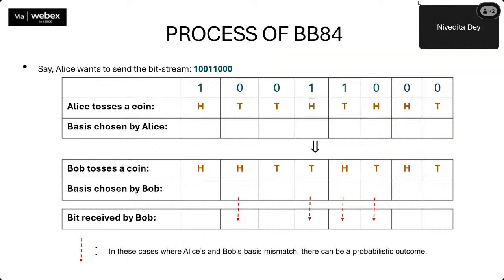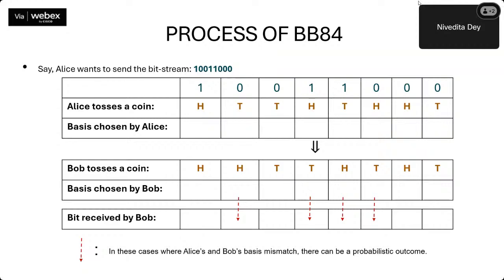Finally, Alice sends the encoded string to Bob, and Bob, on receiving it, applies his own basis and performs the measurement to see how many bits he can retrieve.